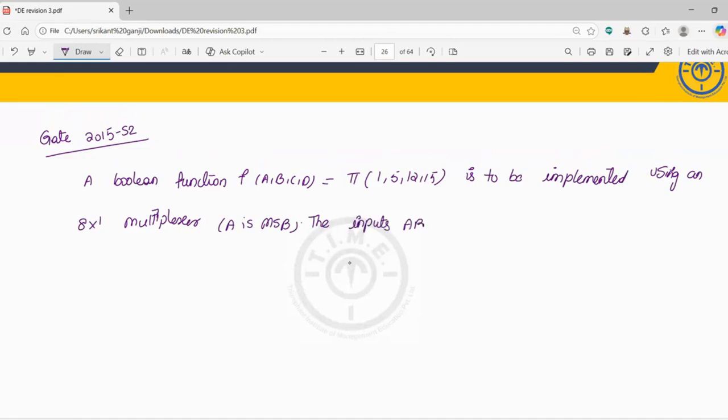The inputs A, B, C are connected to the select inputs S2, S1, S0 of the multiplexer respectively.